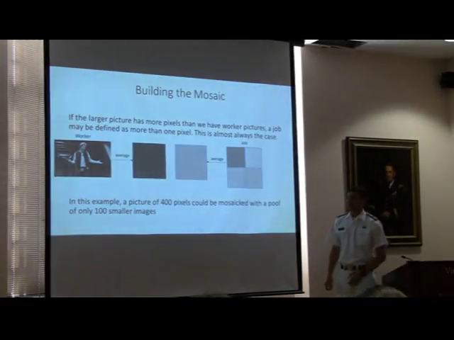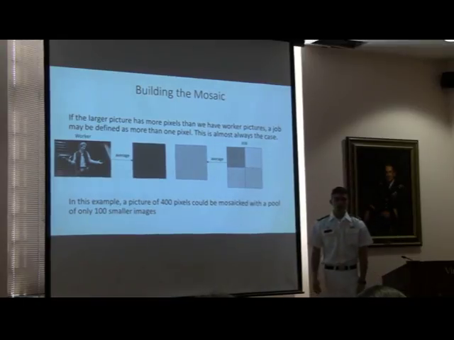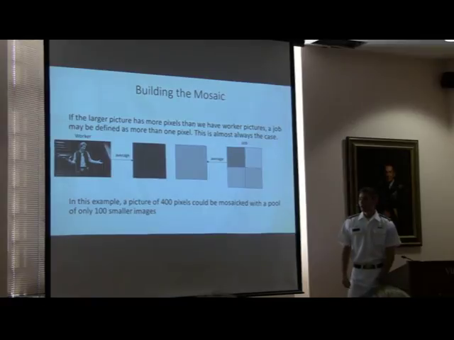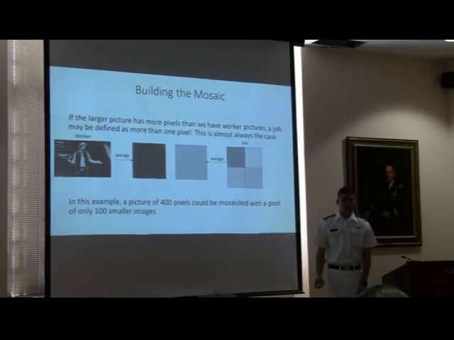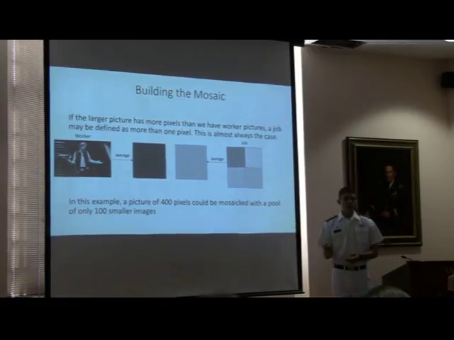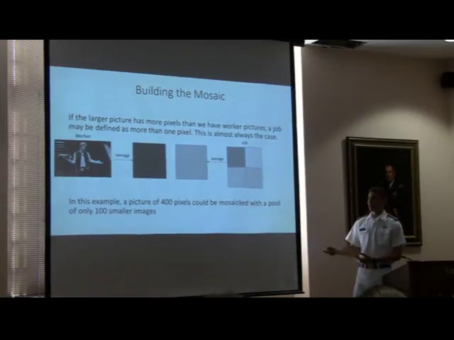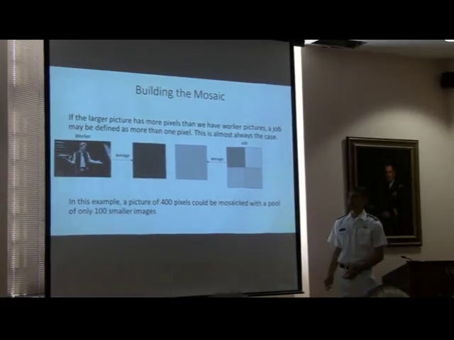Now, lots of times when we're working with images, we have an incredible amount of pixels to fill. Like a 400 by 400 image, it's not very large resolution, but it's 160,000 pixels. So we can't exactly do a small image to pixel fill for all of our pictures. We have to fill more than 1 pixel on the large image for each small image that we're using.